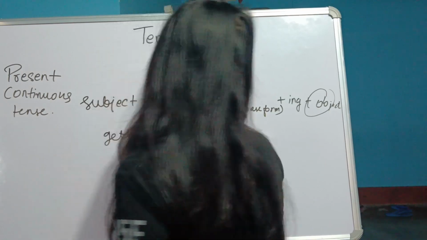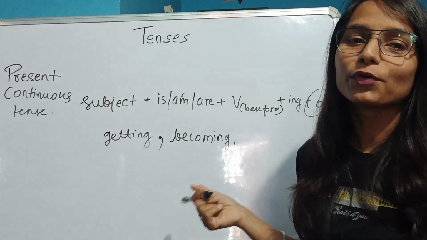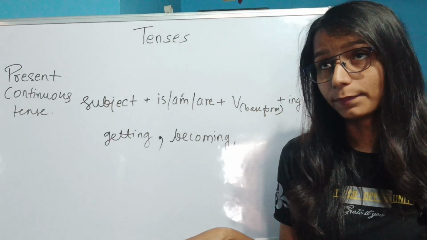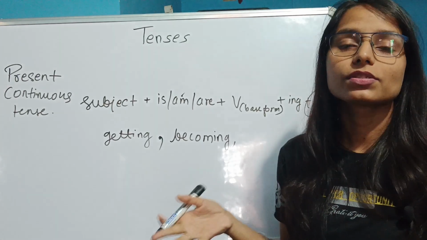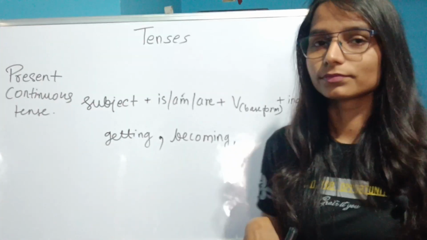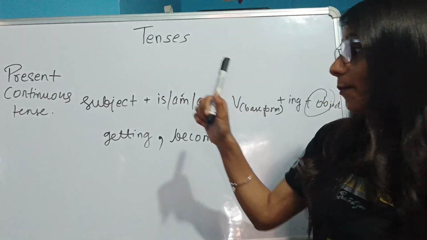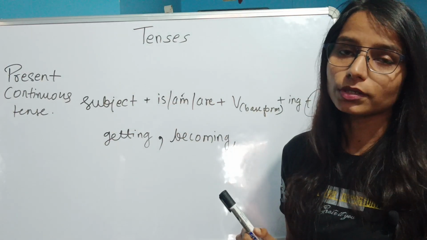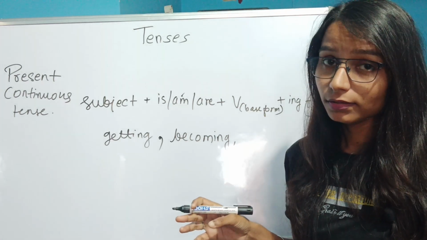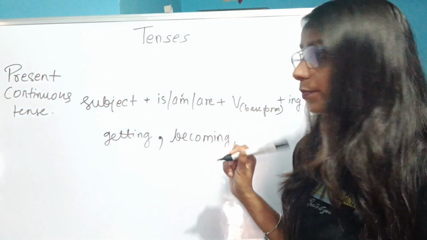I am becoming more funny means before it you were not funny, but now you have started becoming funny. So using this present continuous sentence structure means the change has started, so you will use becoming.